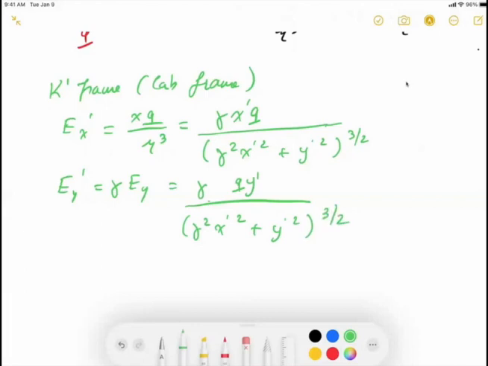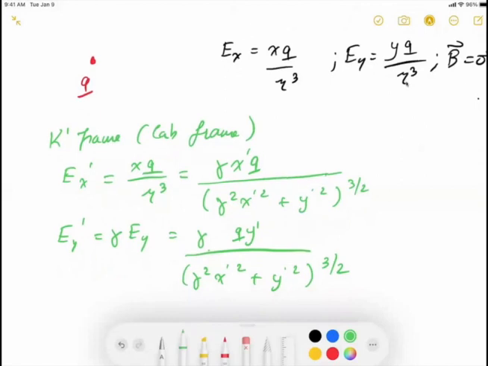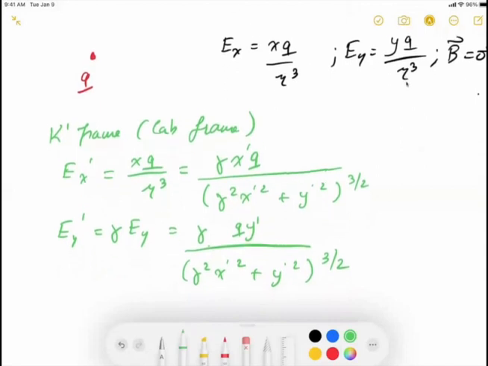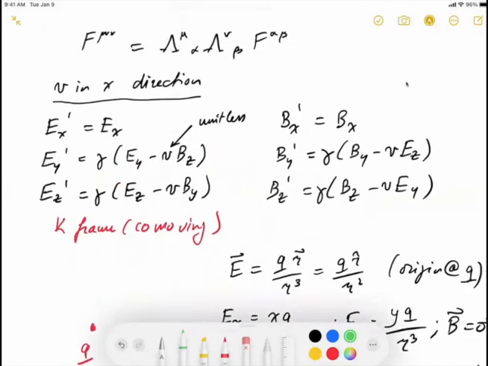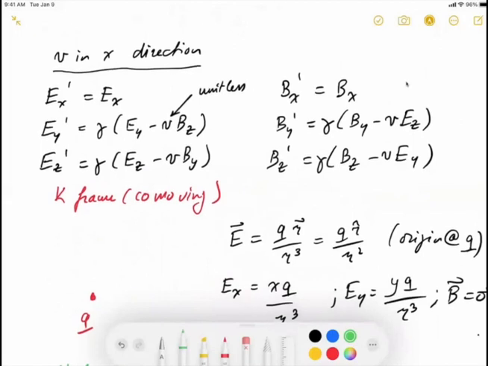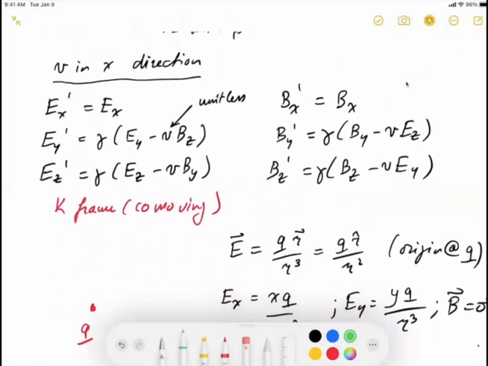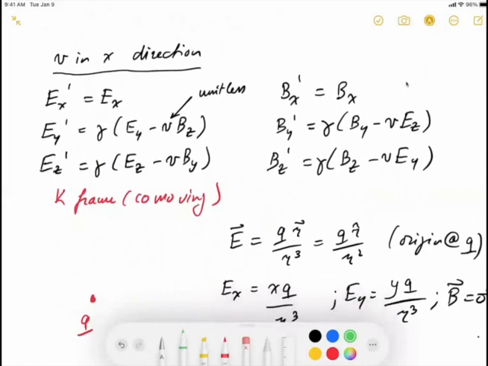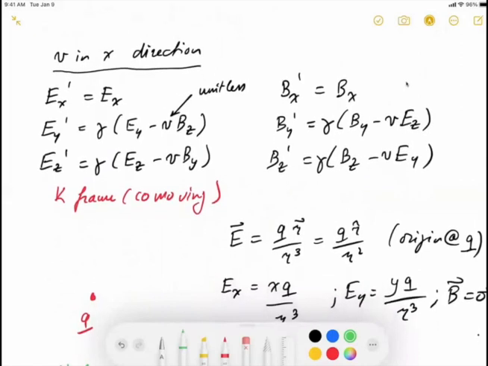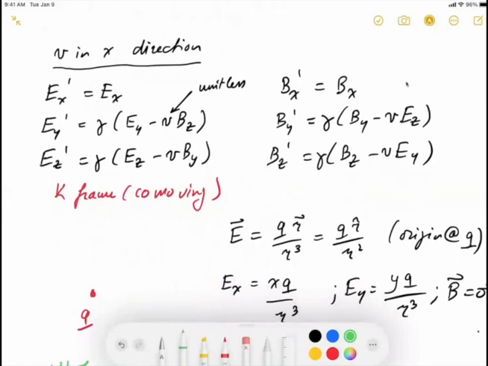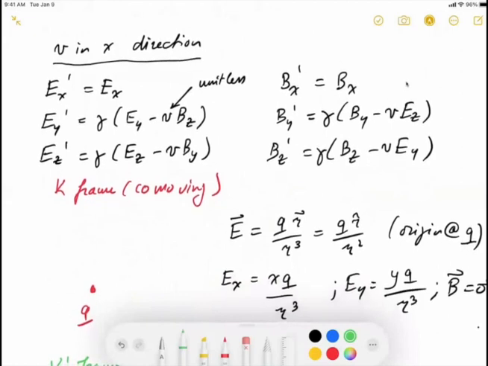Okay, let me make sure that I didn't mess this up. So yeah, we had a y times q, and y prime was y, because we don't have length contraction in the y direction, because it's moving in the x direction.